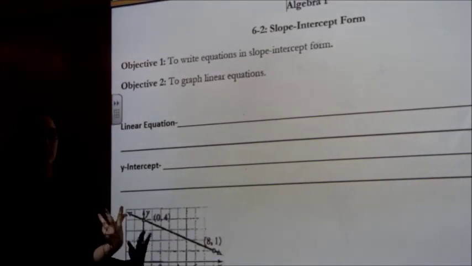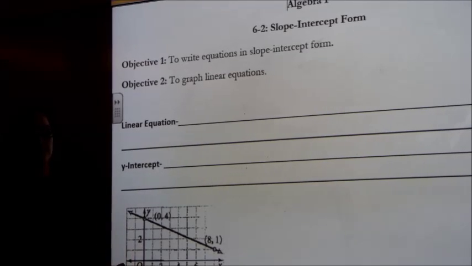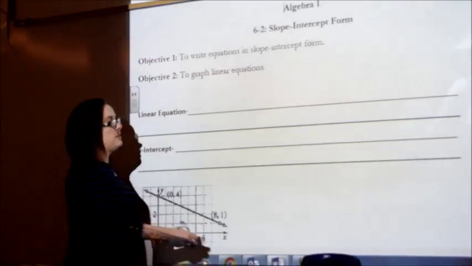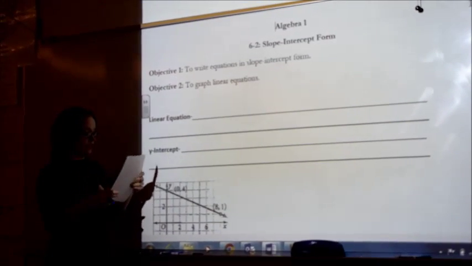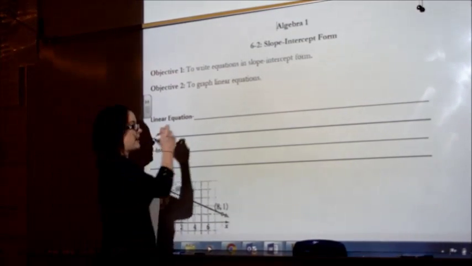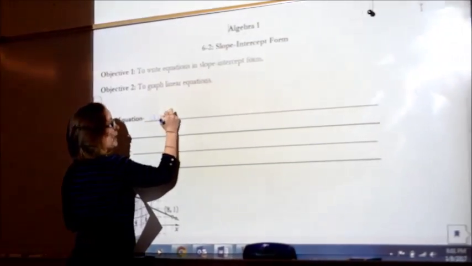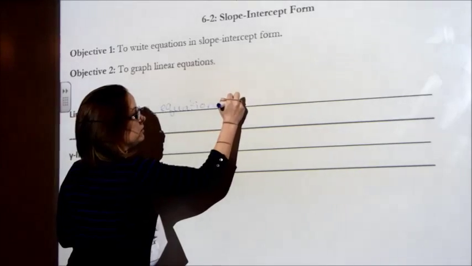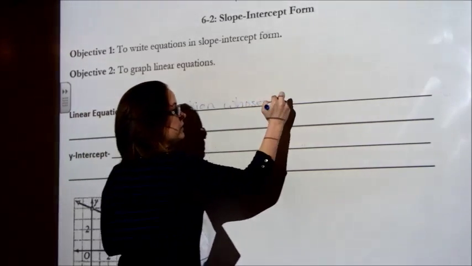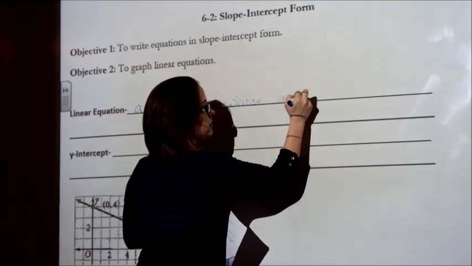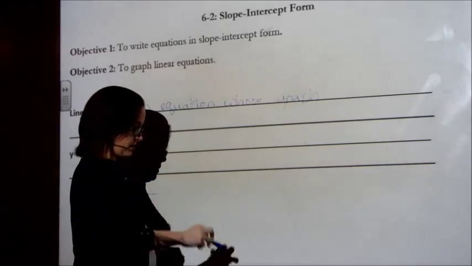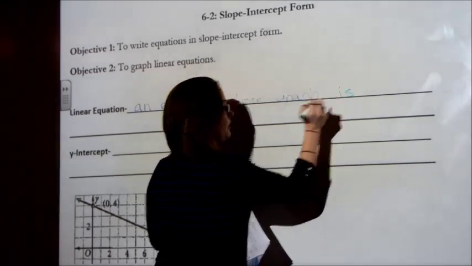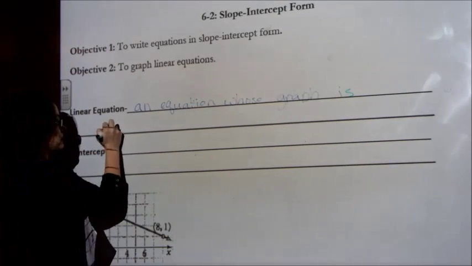So what are linear equations? Linear by definition means line. So when we're talking about the definition of a linear equation, we're saying an equation whose graph is a line.